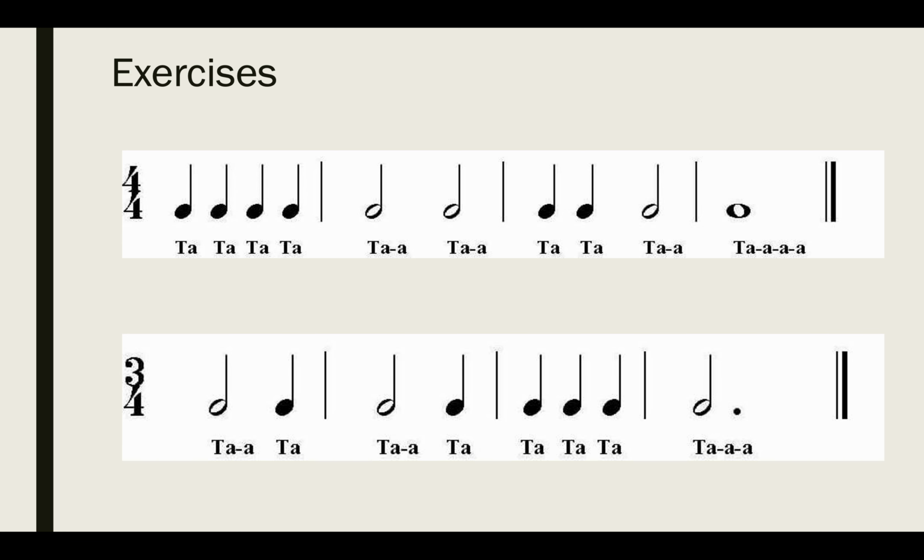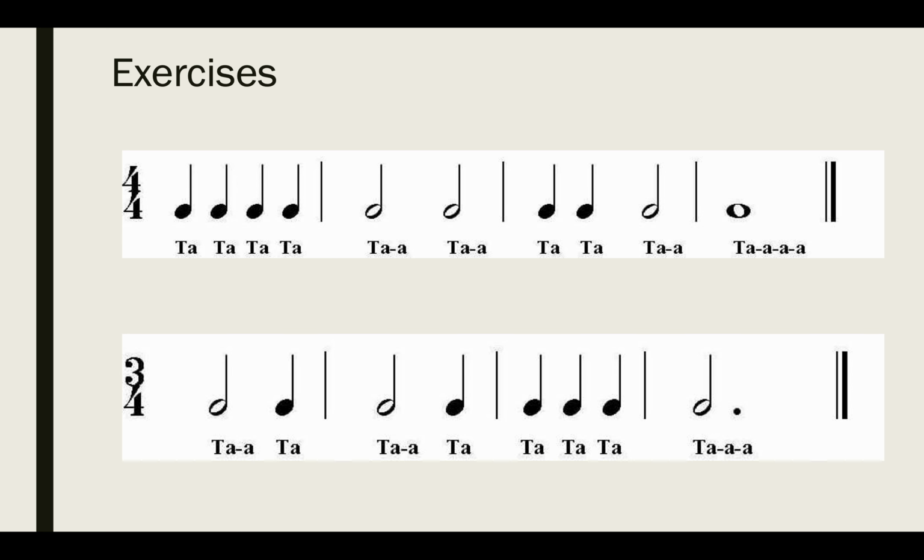On the second measure, you see 2 half notes, and each half note gets 2 counts, so 2 plus 2 equals 4. Then the third measure is 2 quarter notes and 1 half note, so that's 2 plus 2 is 4, and then your whole note, which has 4 counts, so that's only 1, right?